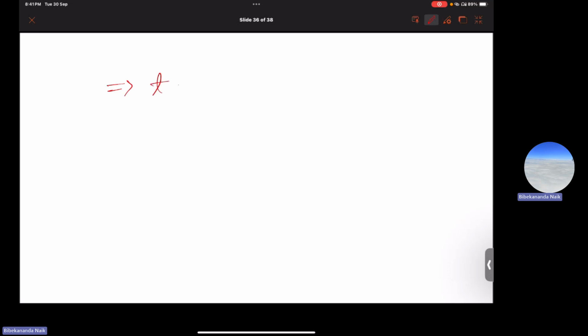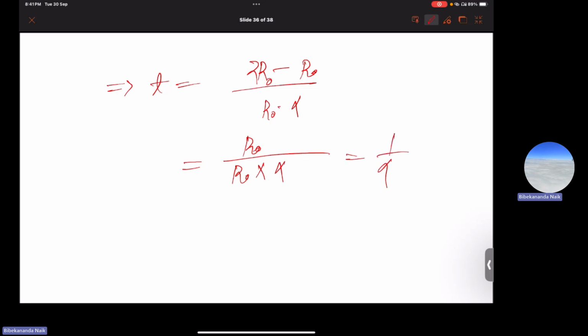So what is T? RT is 2R0, minus R0, divided by R0 into alpha. So it is R0 by R0 into alpha, so it is 1 by alpha.